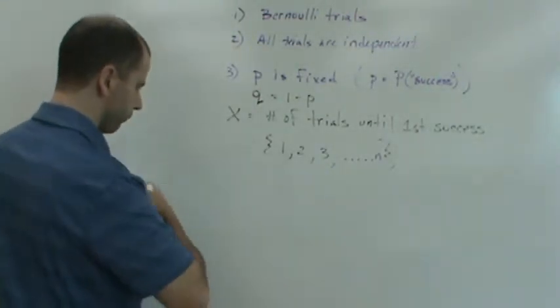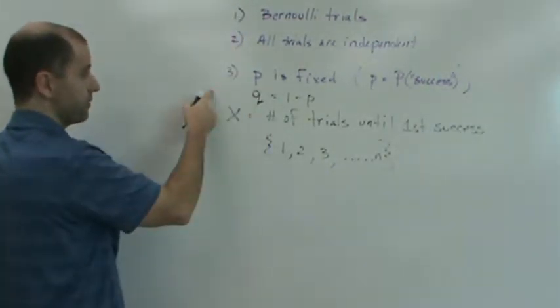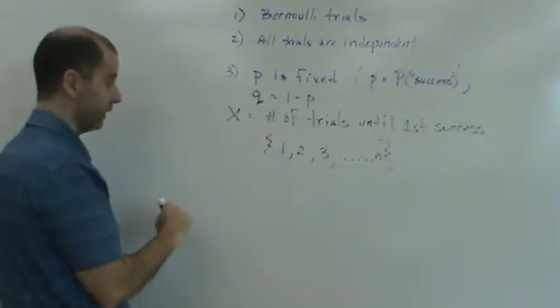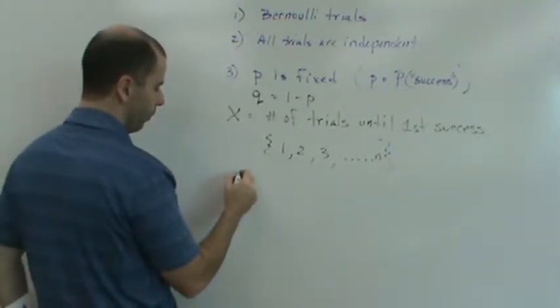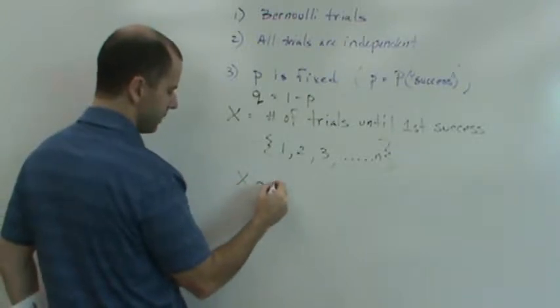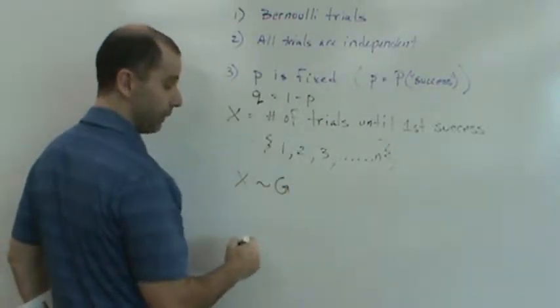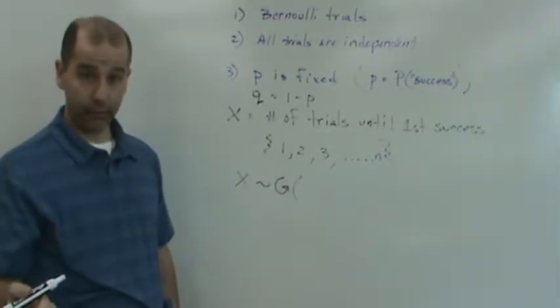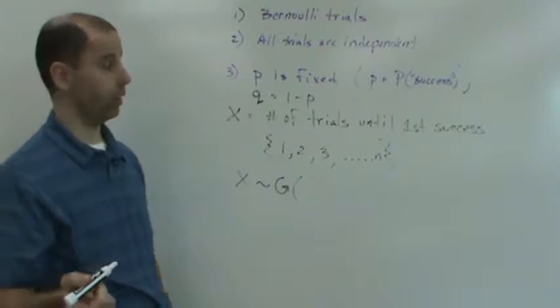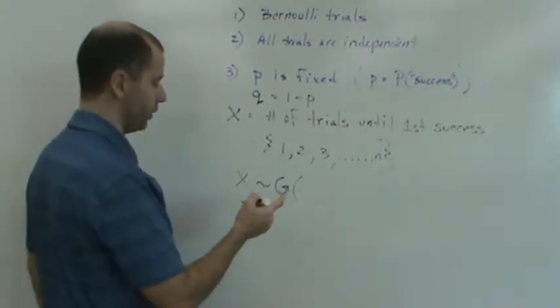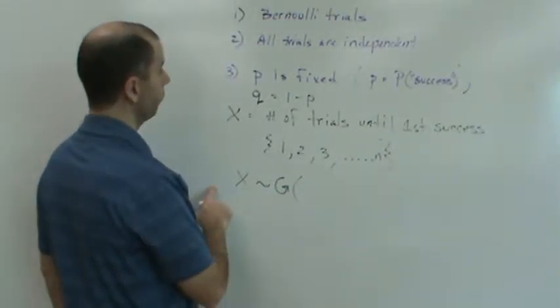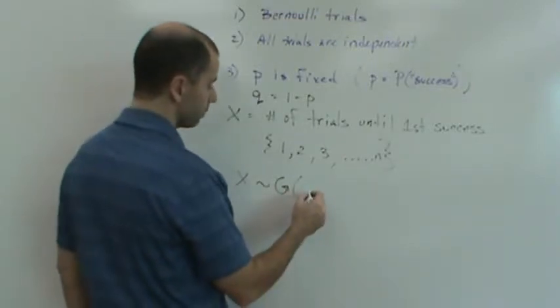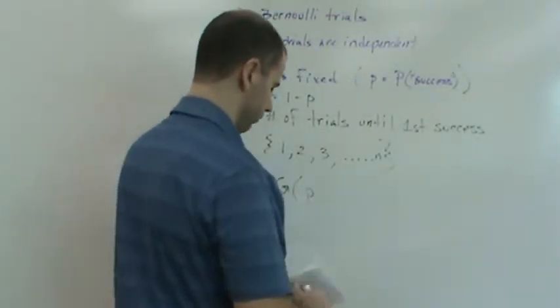Well, if these are satisfied, and this is how we're defining the random variable, then what we would say is x has a distribution of capital G for geometric, and then the parameter is going to be P.